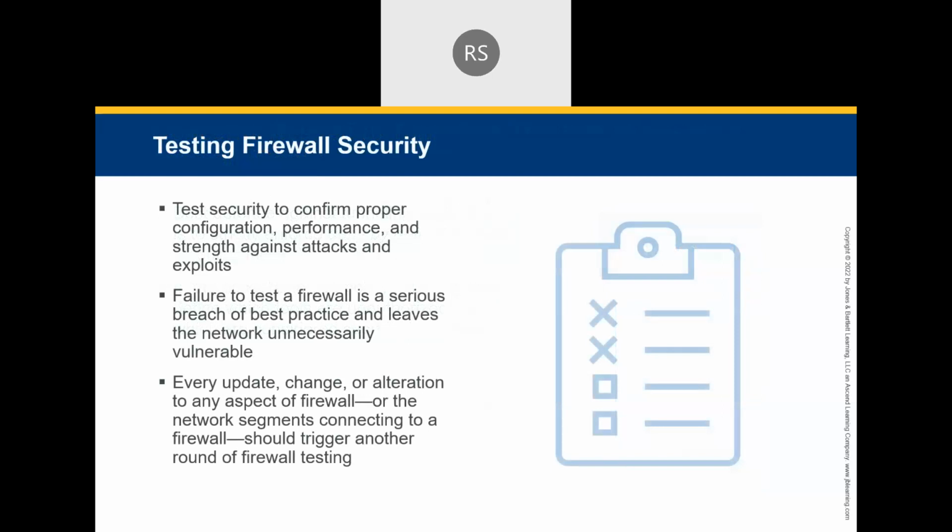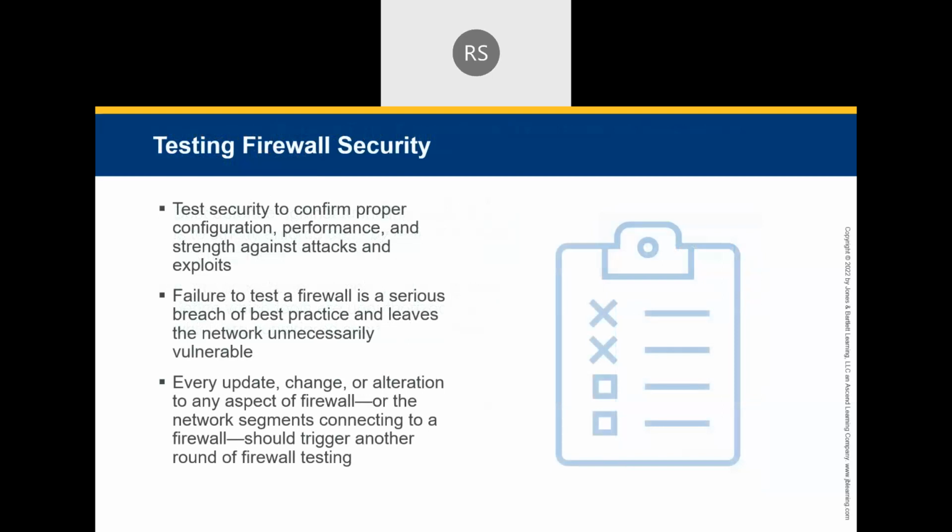You always want to test your firewall security. This is important to confirm proper configuration, performance, and the strength against attacks and exploits. Failure to test a firewall is a serious breach of best practices and leaves the network unnecessarily vulnerable to security threats.